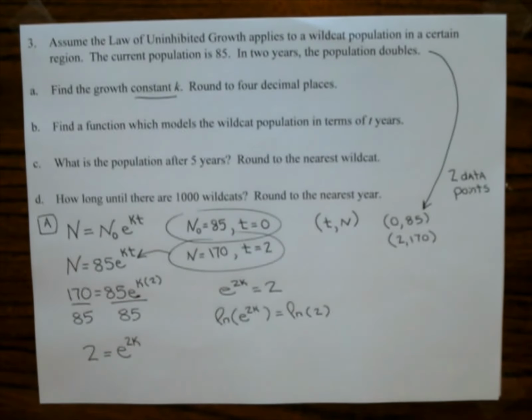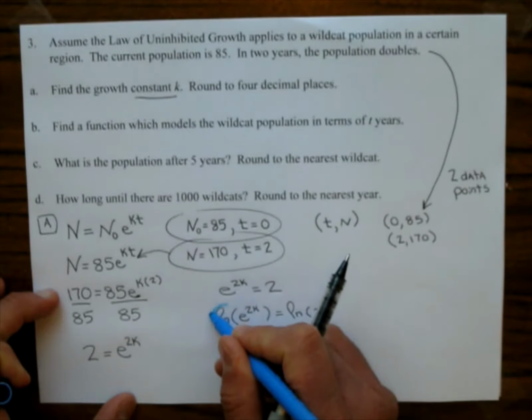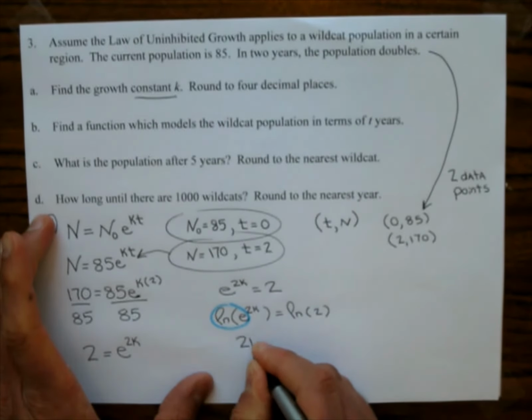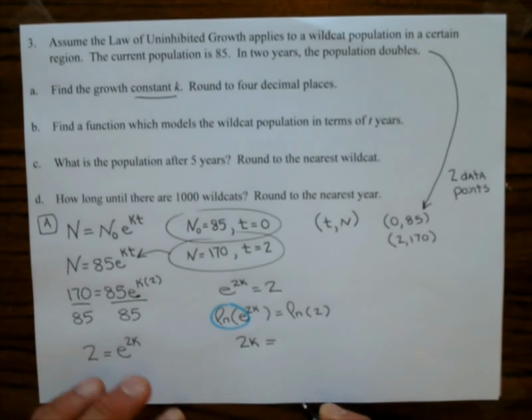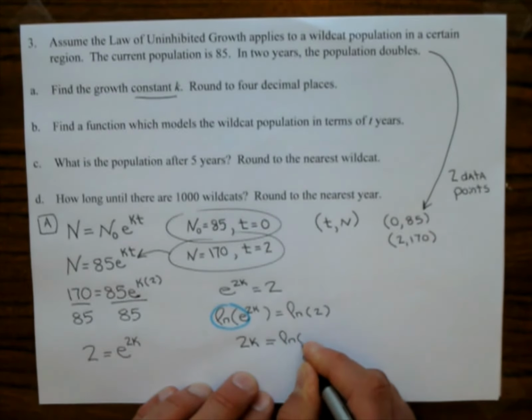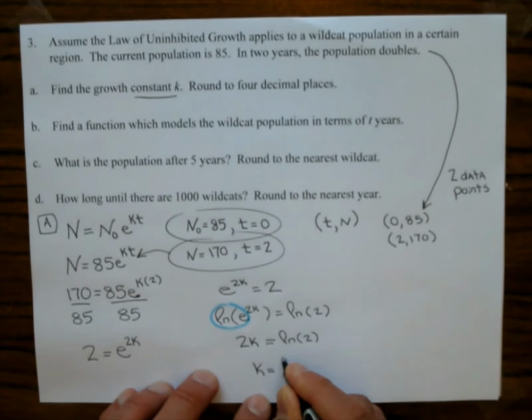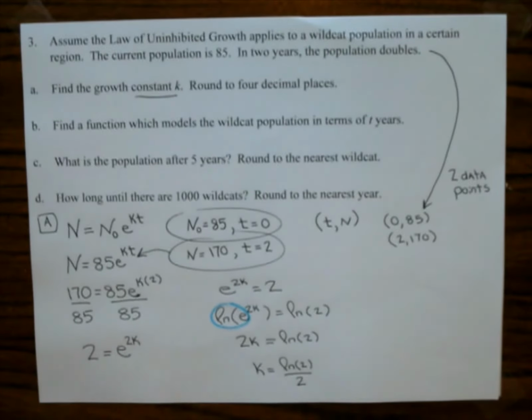The left-hand side goes pop, and that leaves me with a 2k. The right-hand side just remains ln 2. And so it looks like my k is going to equal ln 2 divided by 2.